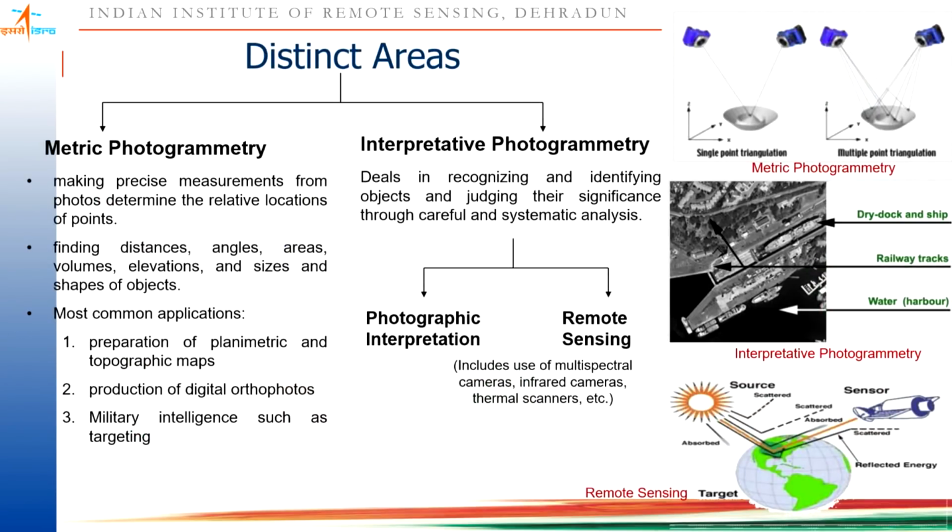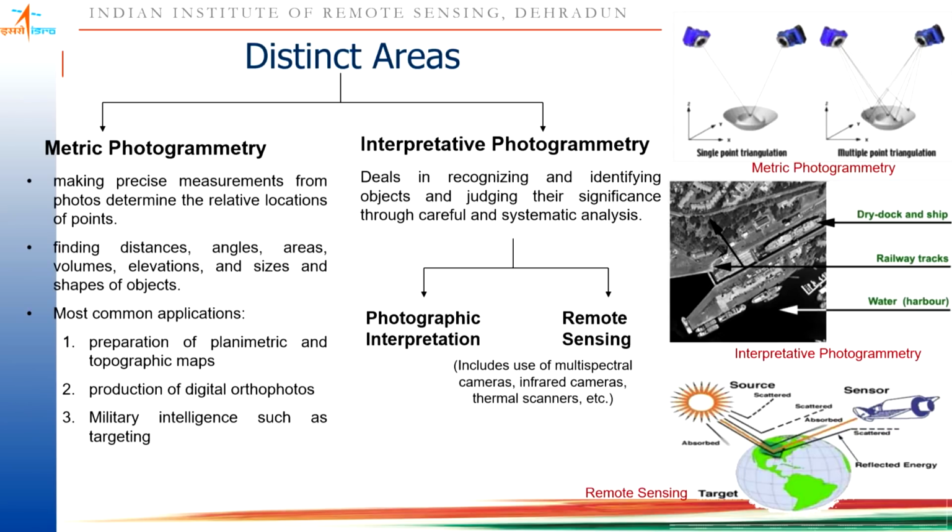Theoretically, it can be metric photogrammetry and interpretative photogrammetry. Anything that we do from photographs comes under photogrammetry. When we do measurements from photographs, it is called metric photogrammetry. When we do simple interpretation from the photographs, it is called interpretative photogrammetry.